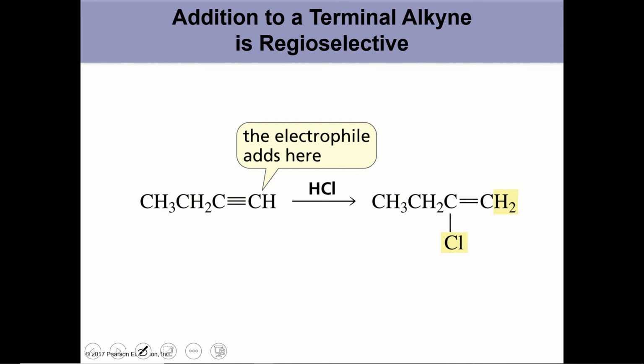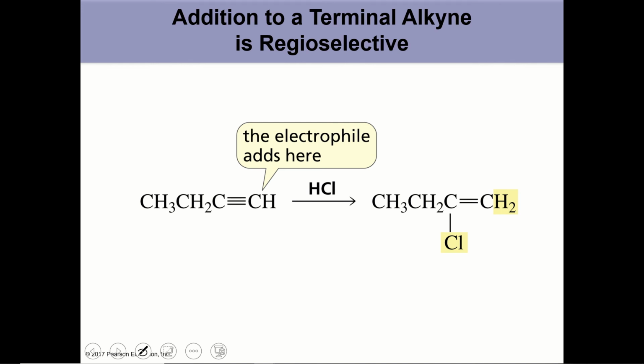Okay, the addition to a terminal alkyne. I told you this was coming. So now the carbons are unequally substituted, and we're going to obey the same rule that we obeyed for the reaction of an alkene that was unequally substituted with HCl.